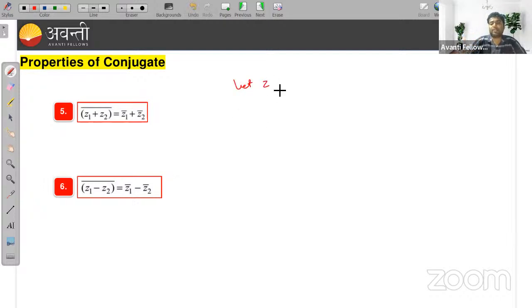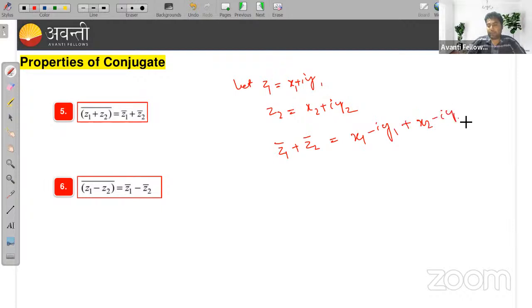Now you can take Z1 is equal to X1 plus iY1, Z2 is equal to X2 plus iY2. Now if you try to find Z1 bar plus Z2 bar, what will we get? X1 minus iY1 plus X2 minus iY2.